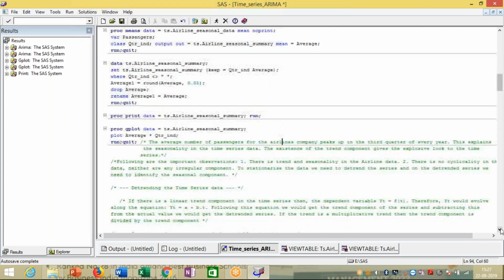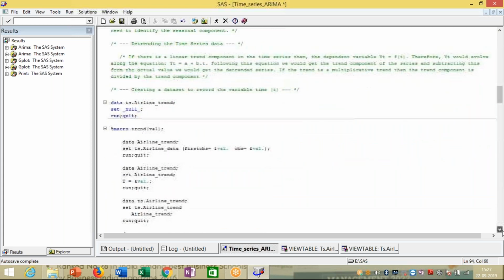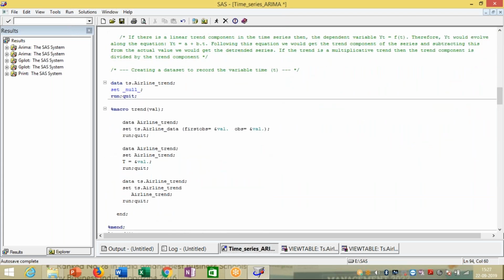Right? So now the next question that comes out is how do we detrend the series? Over here, what I saw is that there is a linear trend. So what I need to do is first of all detrend the series.